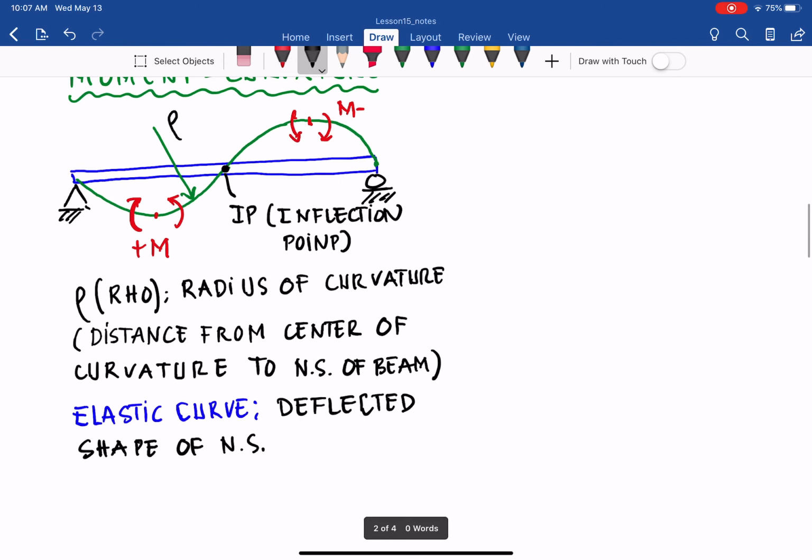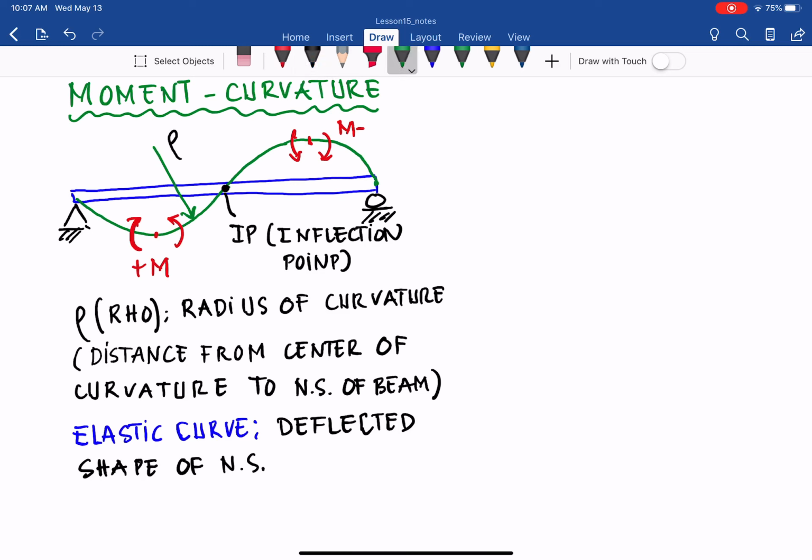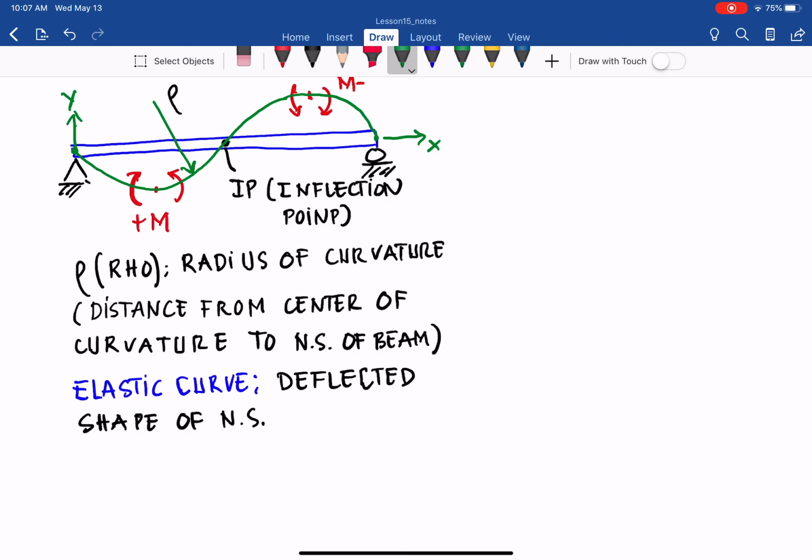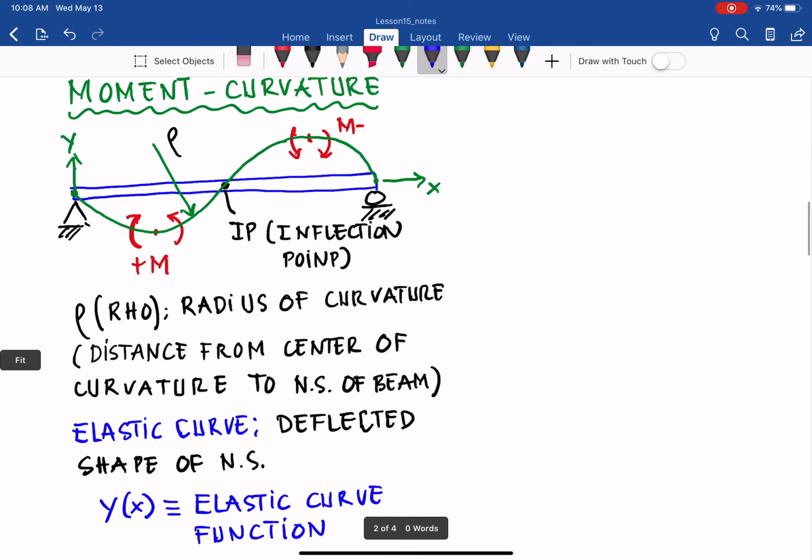So in that case, if we define x, just the same as the previous one, and y starting from here and always starting from the left, we will have the equation for the elastic curve. We have y, and it depends on x, the point located along the beam, and that is the elastic curve function.